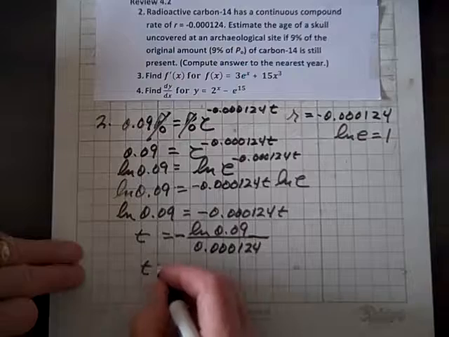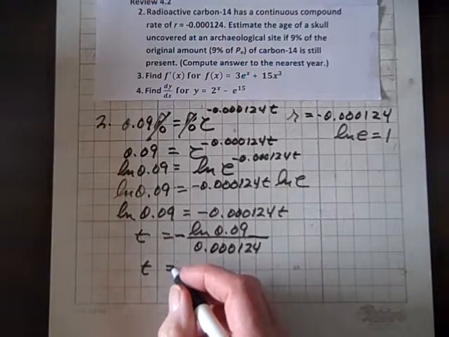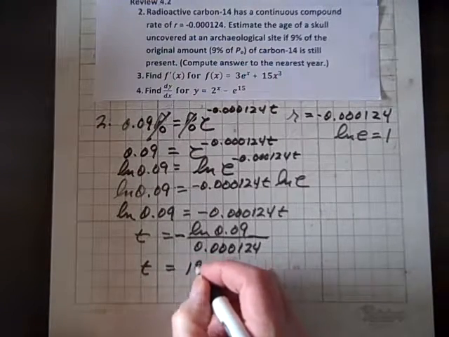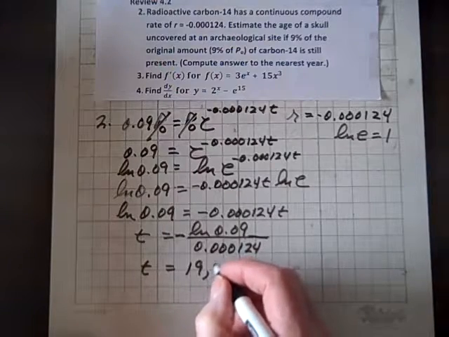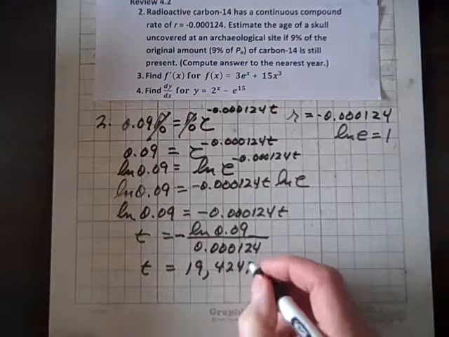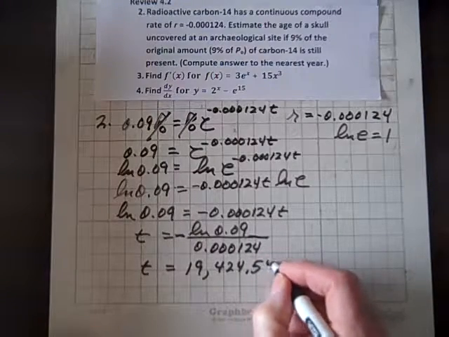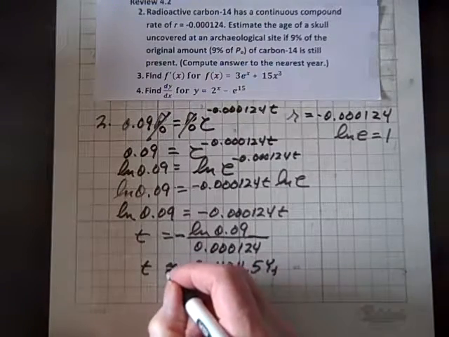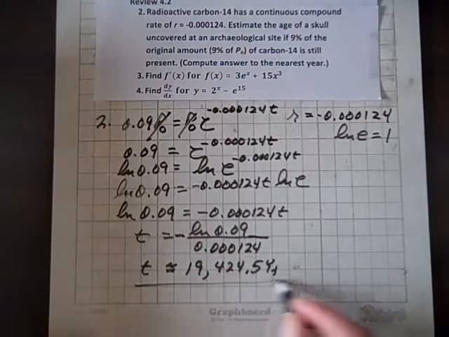And so when you run that through your calculator, I wind up with 19,424.5 years, and that's approximate. So that took care of number 2.